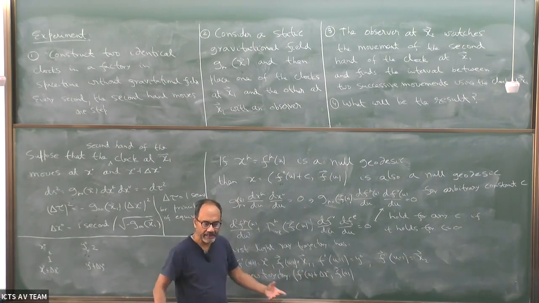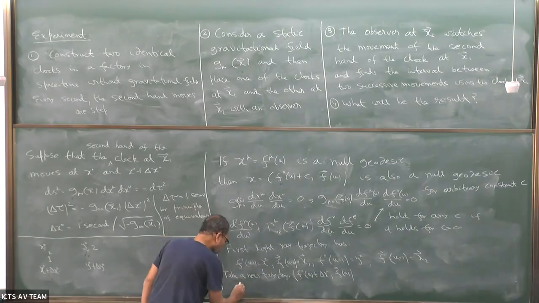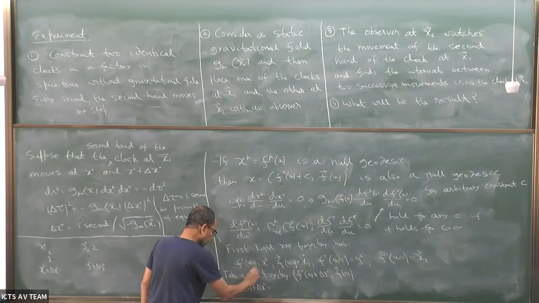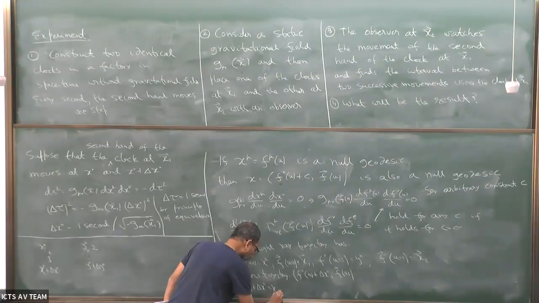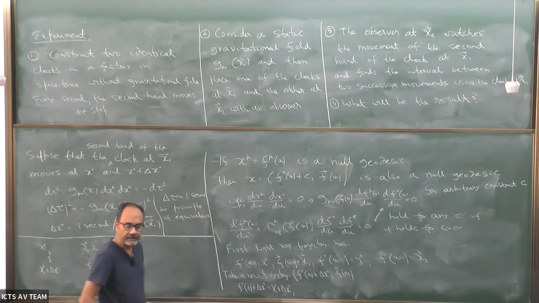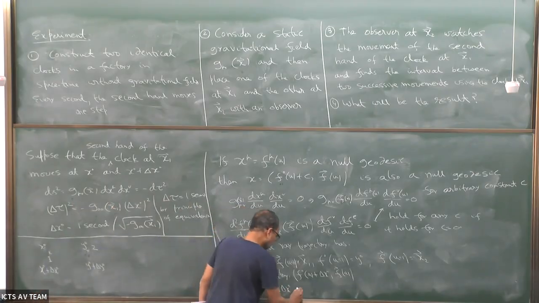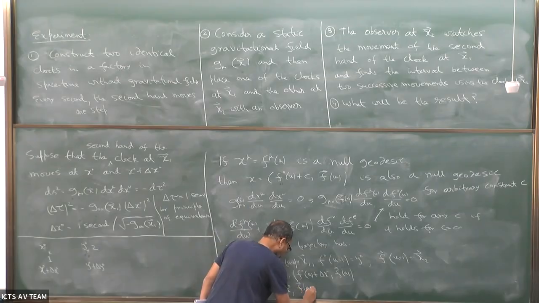Okay, so let's check if it satisfies the correct initial conditions. f0(0) plus delta x naught is x naught plus delta x naught. It starts at x naught plus delta x naught. f(0) is x1.